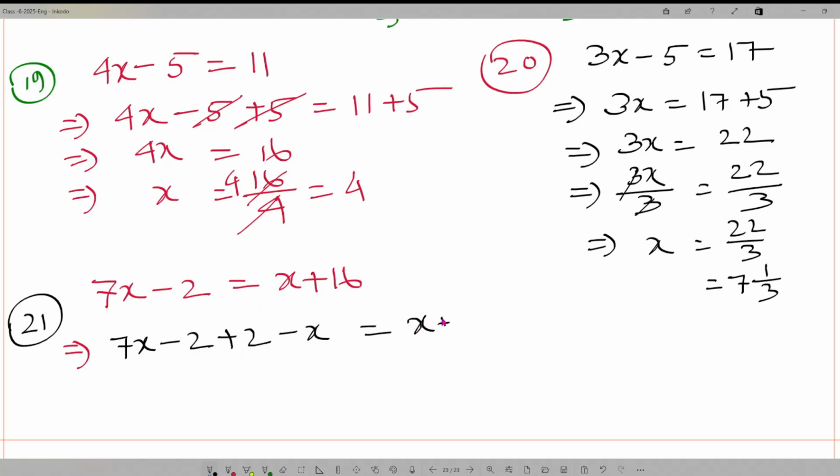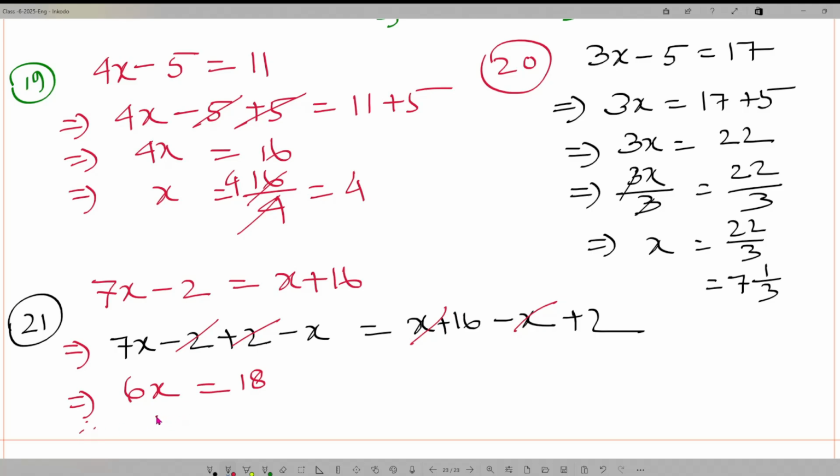Similarly, x plus 16, then minus x, and here plus 2. Okay, so on both sides we are adding plus 2 and subtracting x. So minus 2 plus 2 cancel out, so 7x minus x is 6x, then x and minus x cancel out, 16 plus 2 is 18.